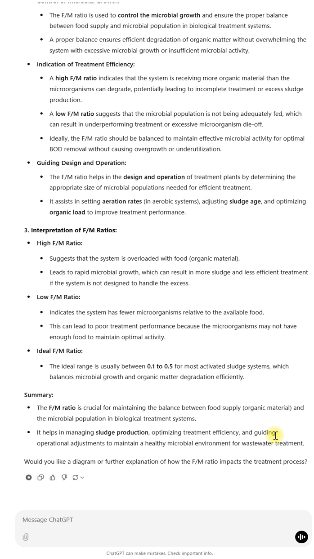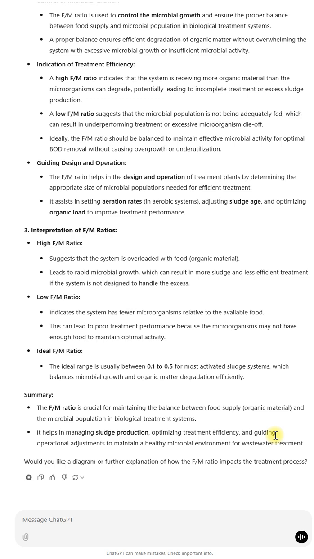This can lead to poor treatment performance because the microorganisms may not have enough food to maintain optimal activity. Ideal F/M ratio: the ideal range is usually between 0.1 to 0.5 for most activated sludge systems, which balances microbial growth and organic matter degradation efficiently.